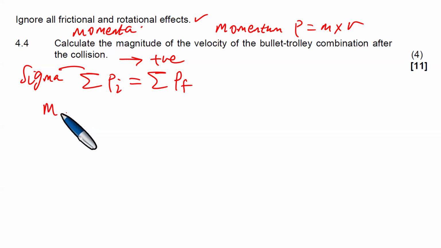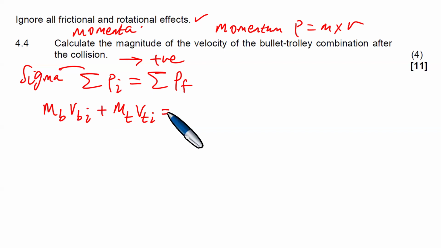So we're going to say the mass of the bullet times the velocity of the bullet initial, plus the mass of the trolley times the velocity of the trolley initial, which equals, in the end, the mass of the bullet plus the trolley, because the bullet was embedded in the trolley and the two went together in the same direction.